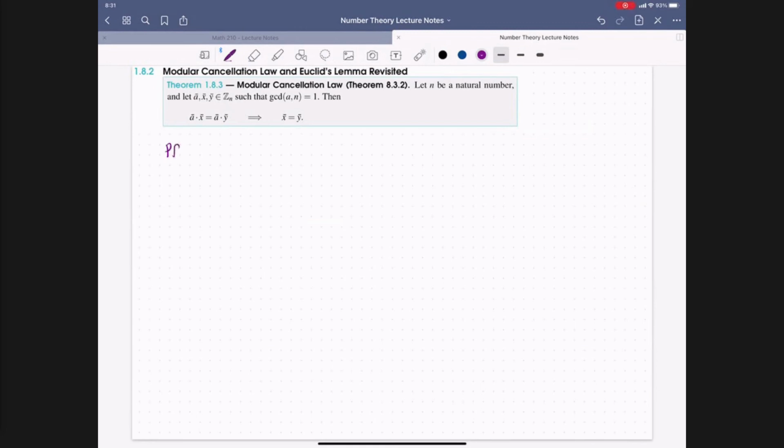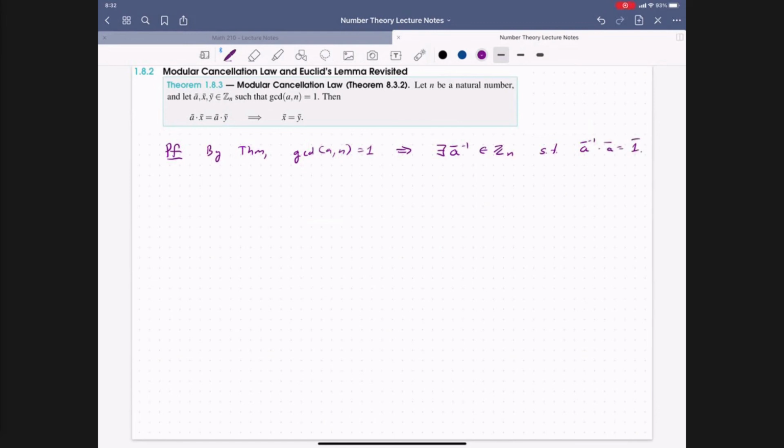Now the proof just follows from the fact that we know that the GCD of a and n is equal to 1. So by the theorem, we have that the GCD of a and n equals 1 implies that there exists some a bar inverse in the integers modulo n such that a bar inverse times a bar is equal to 1 bar.